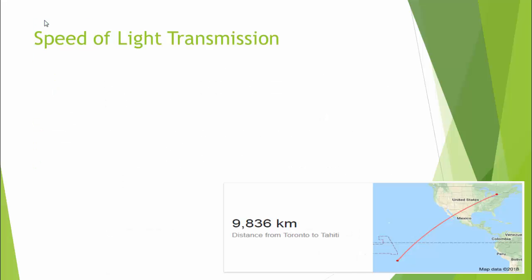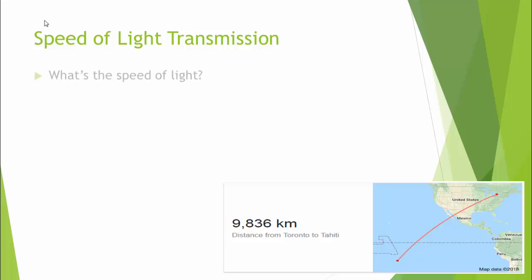The good news is that instead of transmitting data across long distances using electricity, we can actually use light. So whereas an electrical signal would take a great deal of time to travel from Toronto to Tahiti, we can instead think about moving that information with a light-based signal.